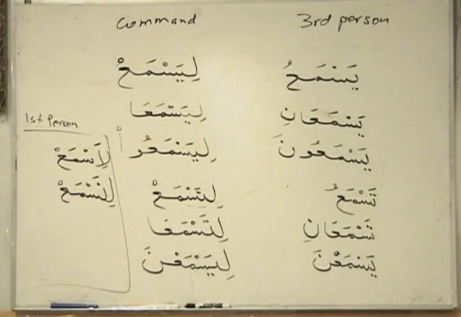So for third person and first person, you follow this formula. Add a li, lam with a kasra, at the beginning. That's step one. Step two, look at the end. If there is a noon, get rid of it, except the one noon that you leave alone, that is the feminine plural.